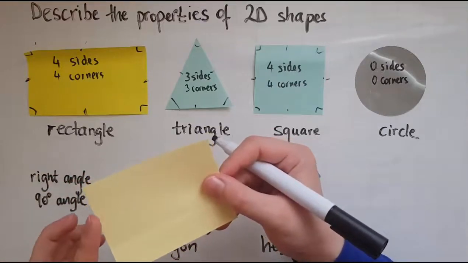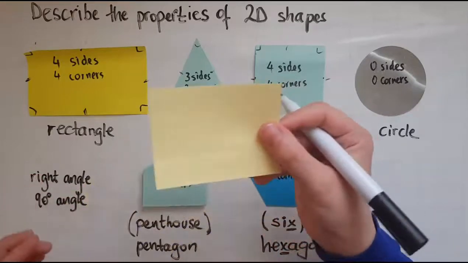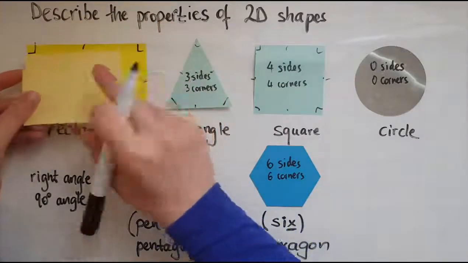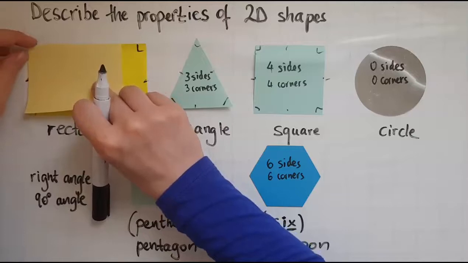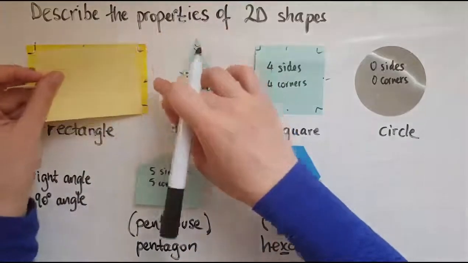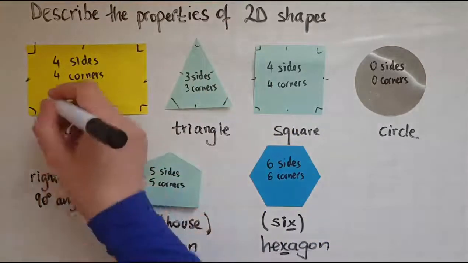A4 pieces of paper that you might have, or smaller versions. So if I try and fit this into the corners of a rectangle, that would fit in exactly into place. And same thing over here as well. So that means that a rectangle has right angles.